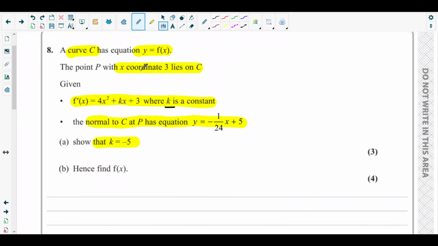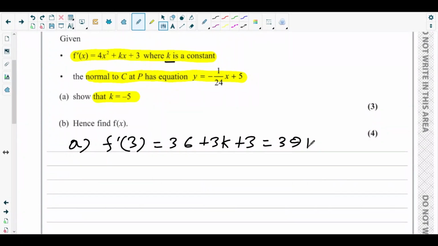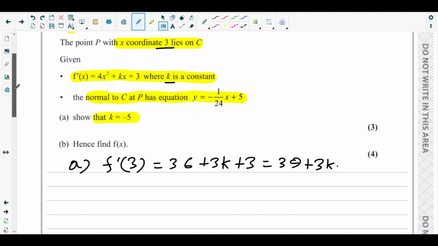Since we know the x coordinate of point P, which is 3, using this x coordinate we can find the gradient of the curve C at point P. So let's find f dash 3. 4x squared, that is 4 times 9, which gives 36, plus 3k plus 3, that equals 39 plus 3k. So we got the gradient of the curve C at point P in terms of k.